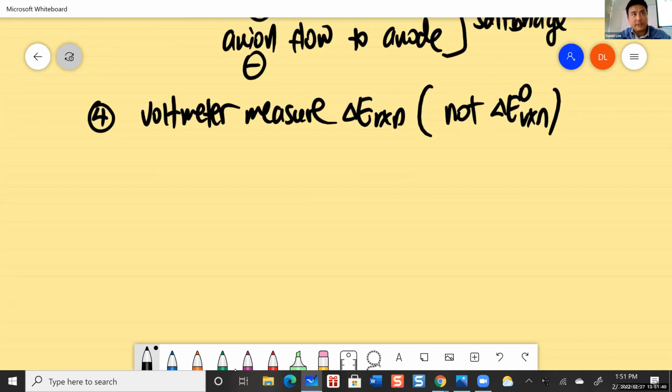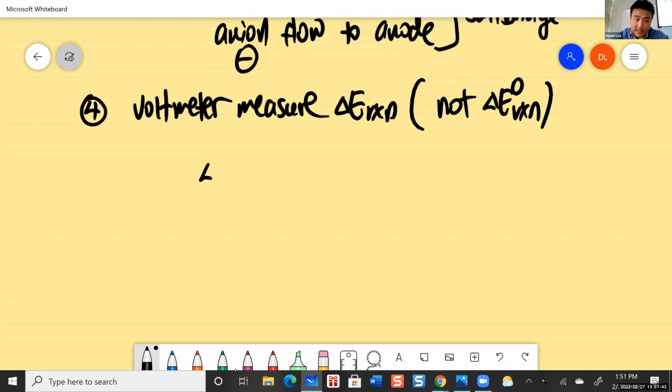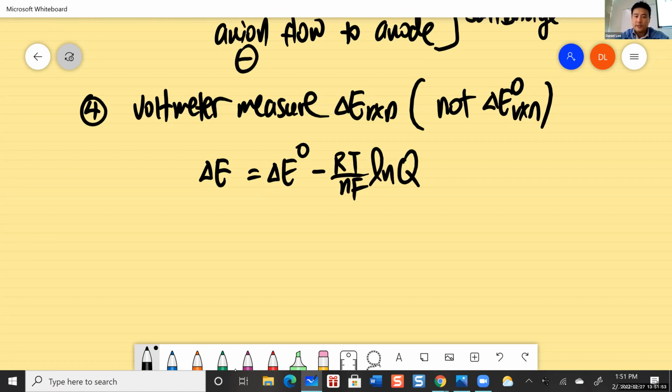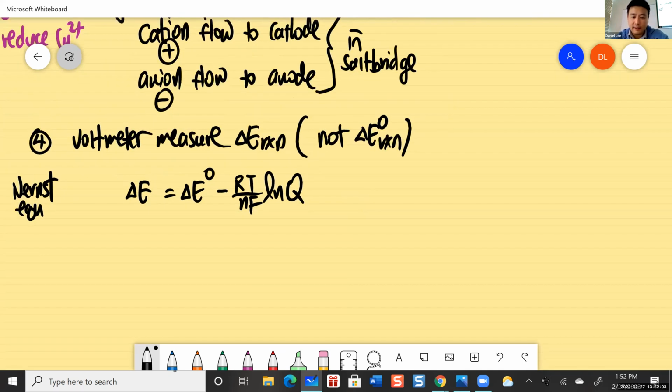So I want to look at this right now. There's another equation, this one: delta E equals delta E naught minus RT over nF ln Q. This is called the Nernst equation. Now this is very similar to the one we did in thermochemistry, where delta G is delta G naught plus RT ln Q. They're the same equation.